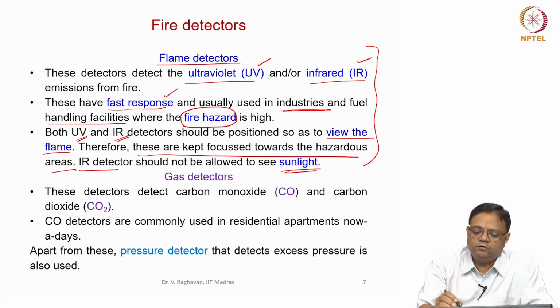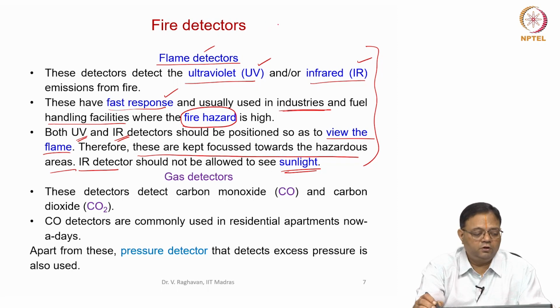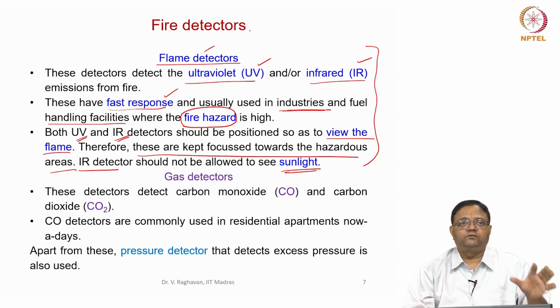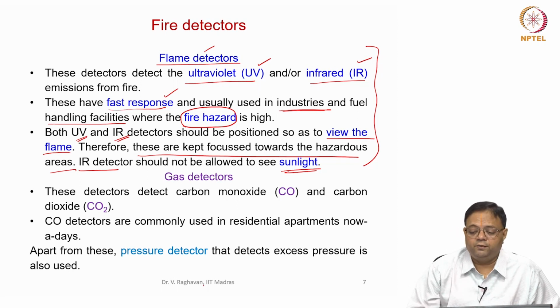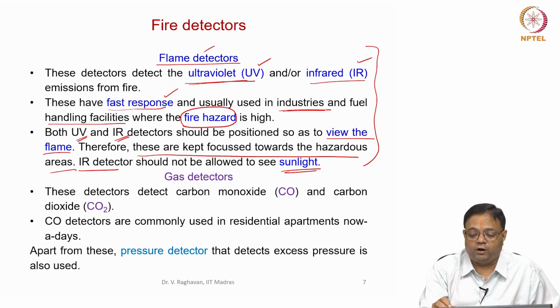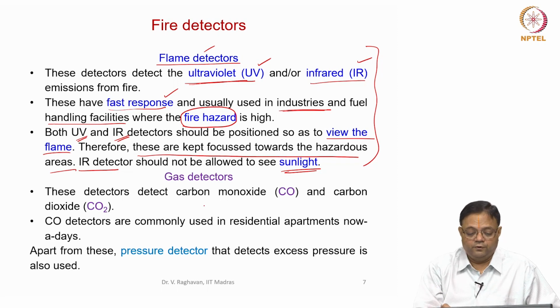So, flame detectors, as I told you, see a fire which gives heat release; heat detectors can be used to detect the heat coming out of the hot gases, or smoke. Smoke detectors basically detect the presence of soot particle laden hot gases. Then the flame detectors have to visualize the flame itself in order to get the intensity of emissions from ultraviolet and infrared radiations.